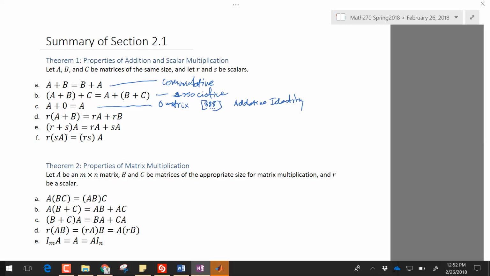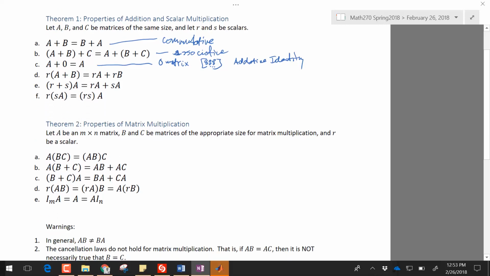They might come in handy for different things we might try to prove. And there's also another associative property: instead of three things that you're adding, scalar multiplication has an associative property where you can combine the scalars together and multiply with a matrix. So those are your basic properties for addition and scalar multiplication.